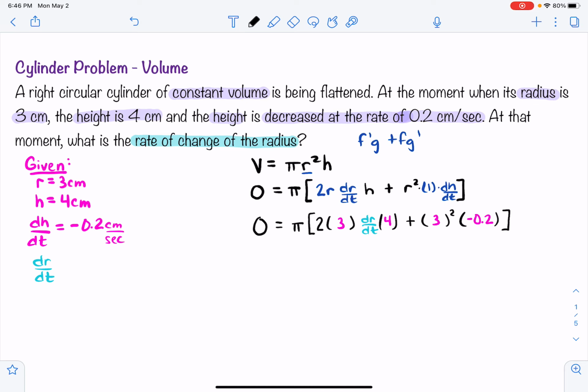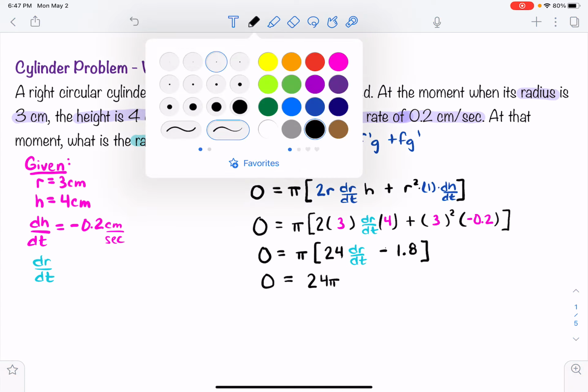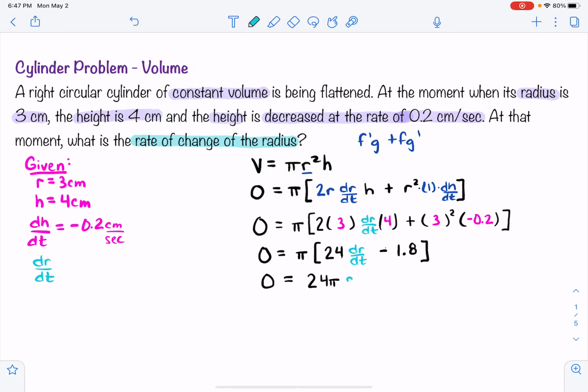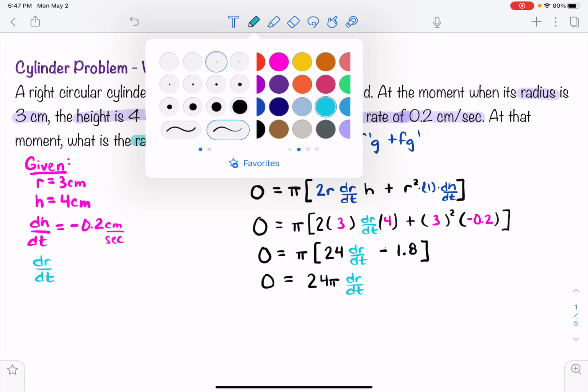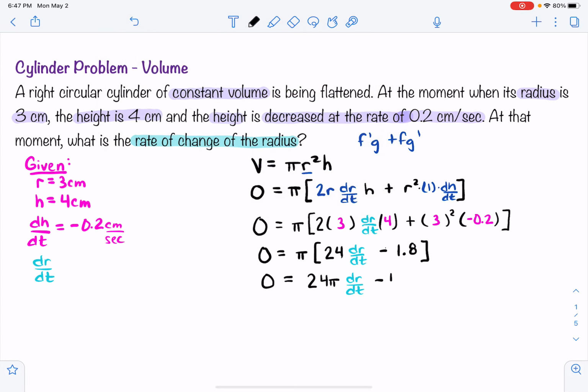Now I can actually algebraically solve for dr over dt. So I'm going to next simplify. And now from here, I can distribute the pi. Add the negative 1.8 pi to the right-hand side.